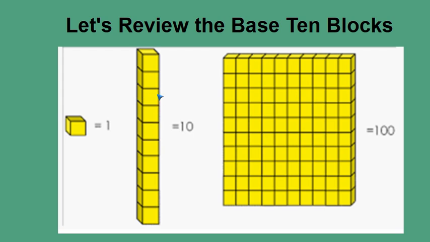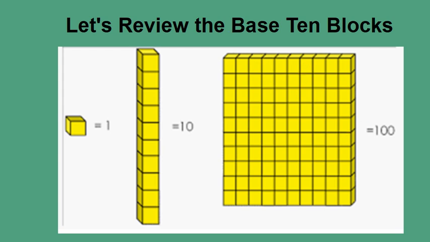Right in the middle, we have the long, and 10 of the single blocks make up the long. You can see there's 10. Then all the way to the right, we have the flat, which is made up of 100 blocks, or 10 longs. 10, 20, 30, 40, 50, 60, 70, 80, 90, 100.